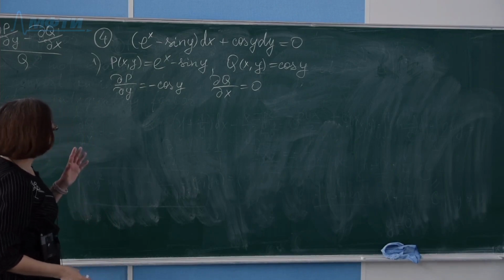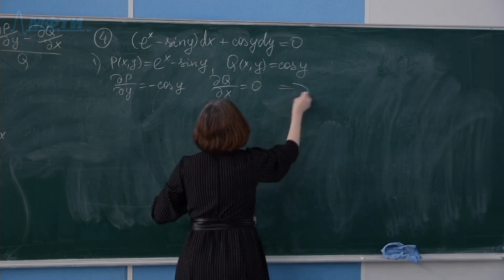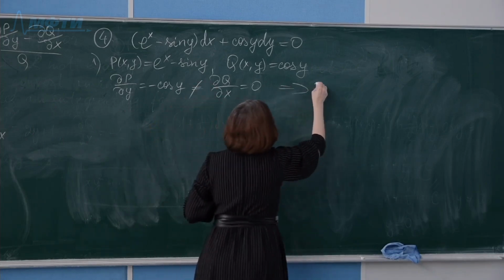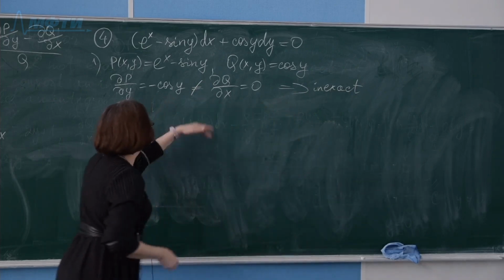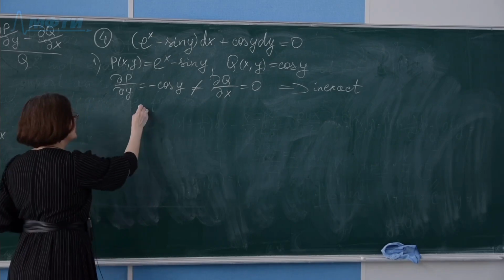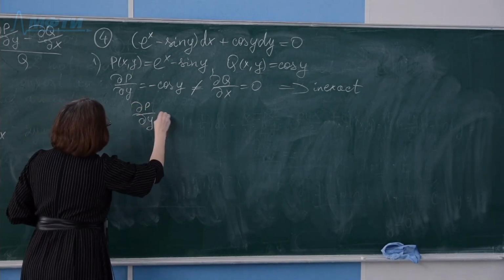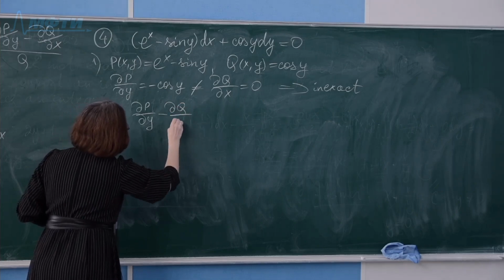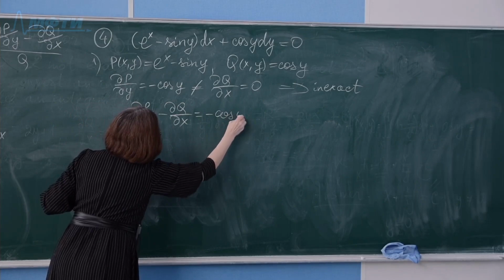Okay, so it is not exact, right? Then we may try to find the integrating factor. So we should consider the difference, dp over dy minus dq over dx, which is equal to minus cos y.